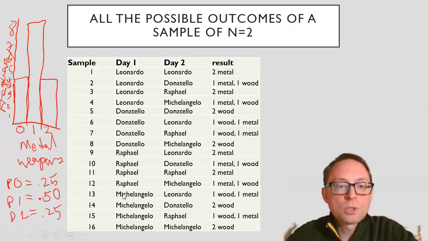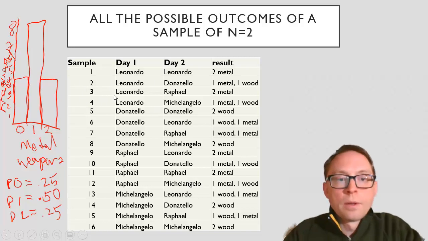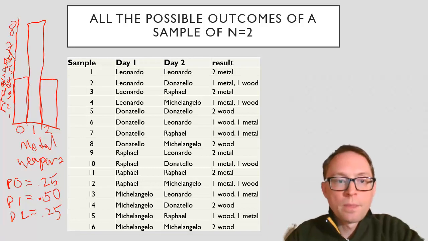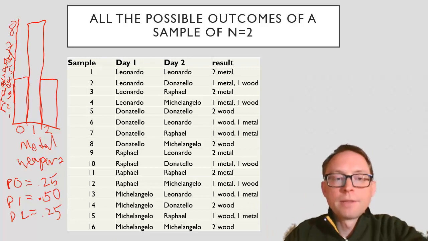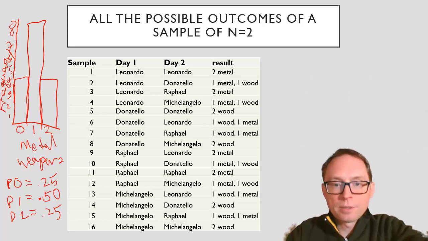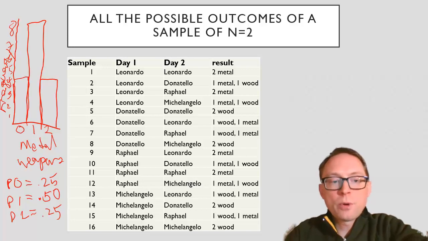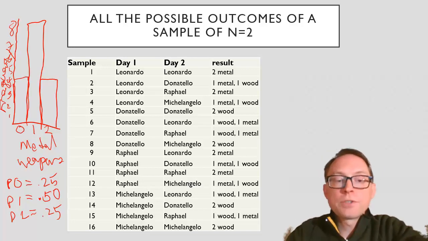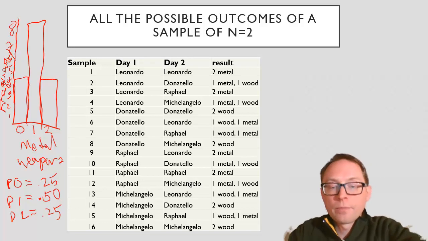So look, if you want to think about it, just count these up. 4 out of 16 possibilities had 2 metal weapons. 8 out of 16 possibilities had 1 metal weapon. And 4 out of 16 possibilities had 0 metal weapons, right? So the probabilities: 4 out of 16 is 0.25, 8 out of 16 is 0.50, and 4 out of 16 is 0.25.